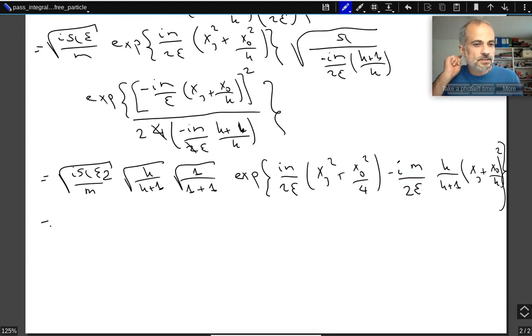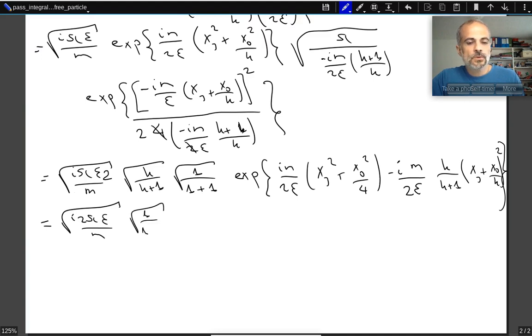So let's write this is equal to square root of i 2 pi epsilon over m, square root of 1 over 1 plus 1, square root of k over k plus 1, exponent i m over 2 epsilon. Let me also take out this k over k plus 1.